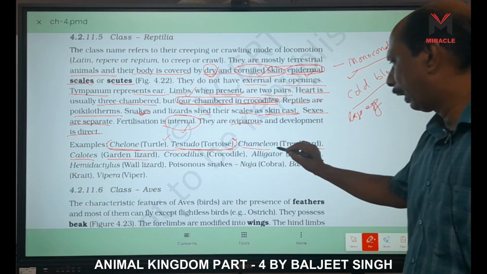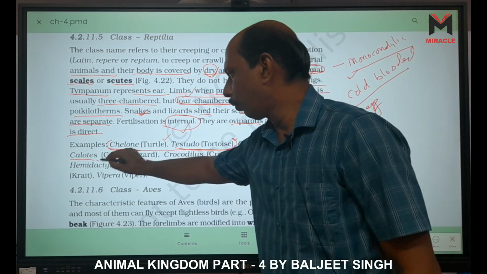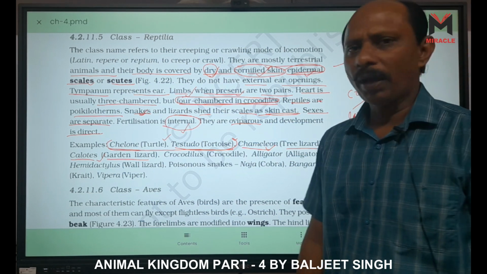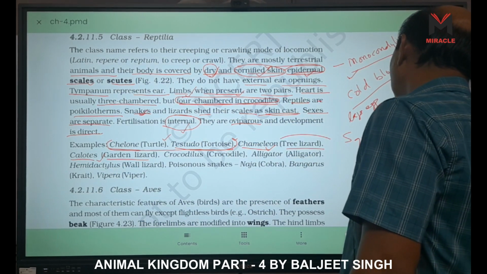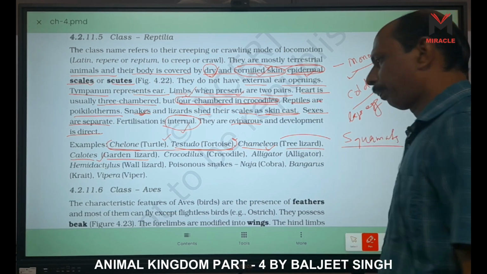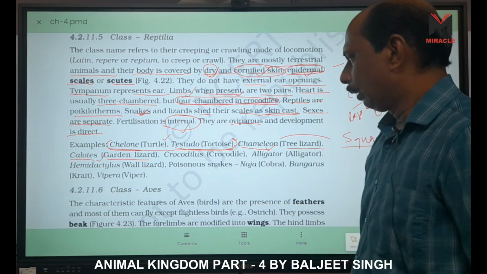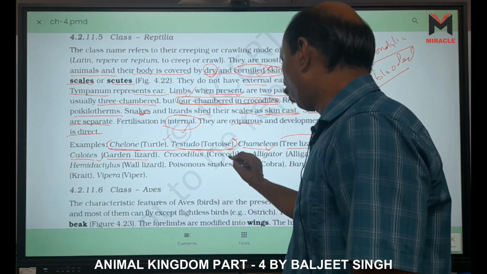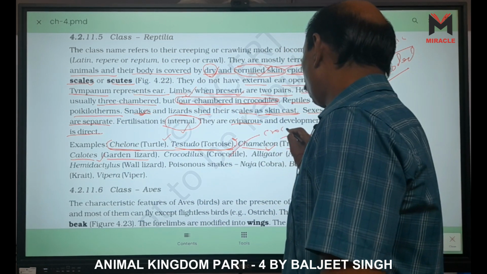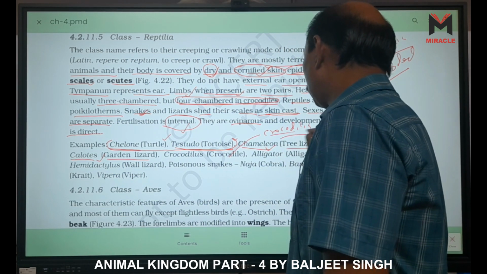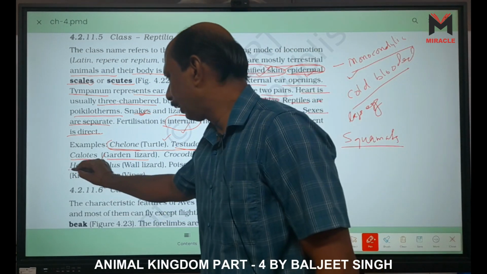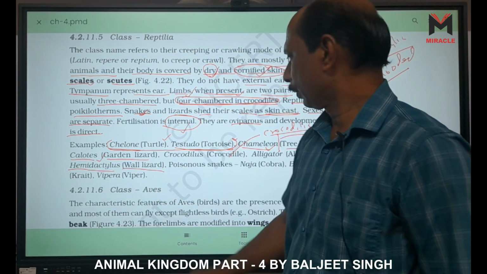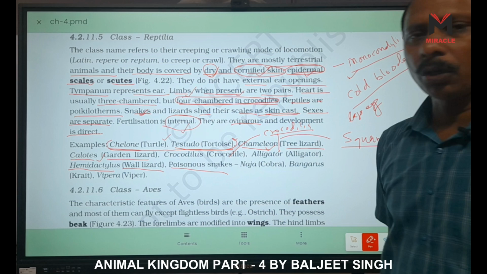Look, Chameleon and Calotes belong to Squamata, right? Crocodilus, Crocodilia, right? Alligator, Crocodilia. Hemidactylus, Squamata. Poisonous snakes also belong to Squamata.